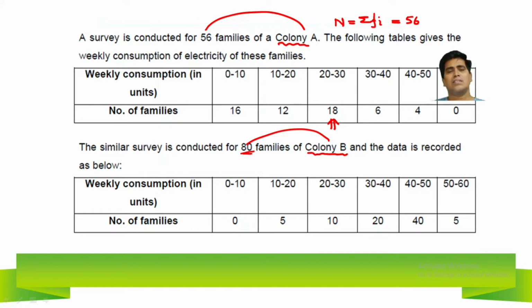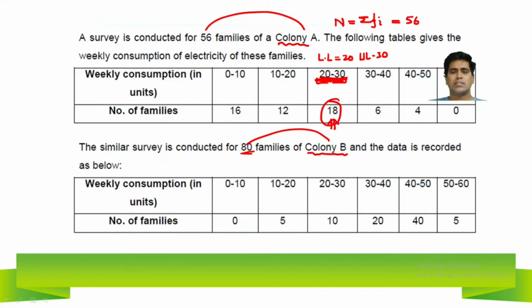The lower limit of the modal class is 20 and the upper limit is 30. So this is the class we found, the modal class, because here we find the highest frequency, which is 18.